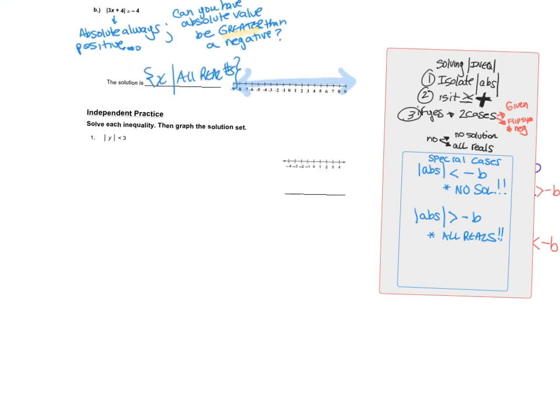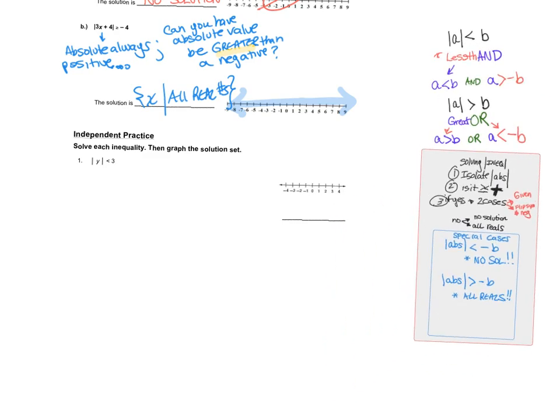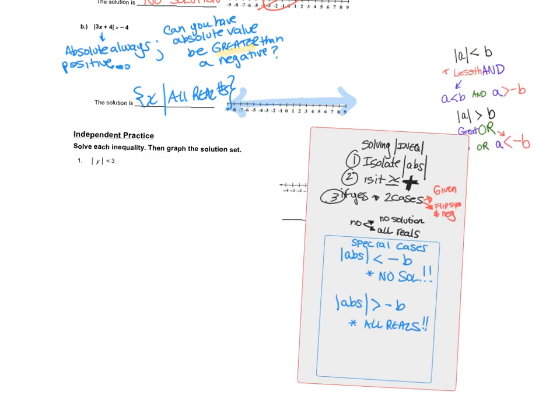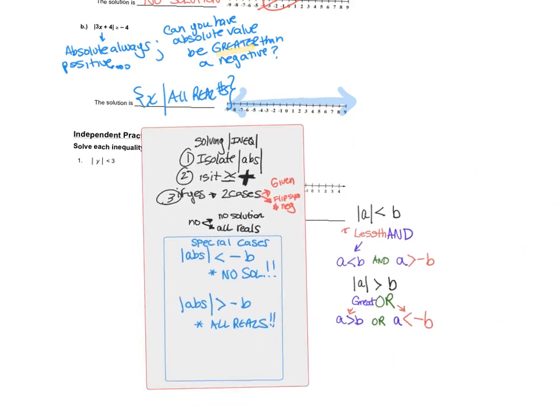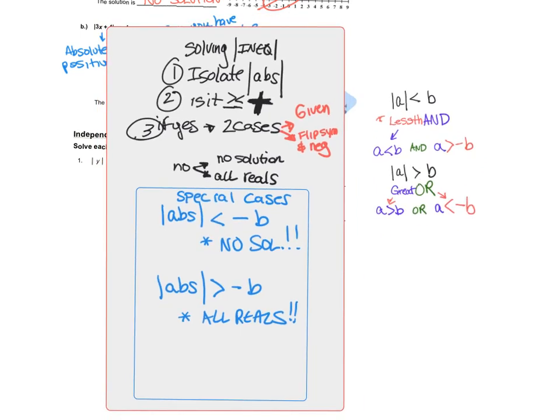Okay, so your job now is to go ahead and do the independent practice, remembering the steps. You've got these steps, and these are the two possibilities of progressing. So one more time, isolate it.